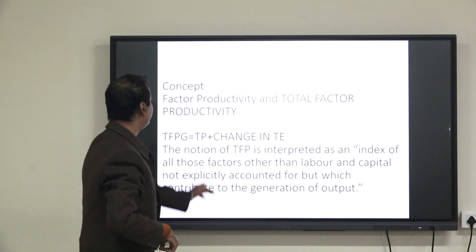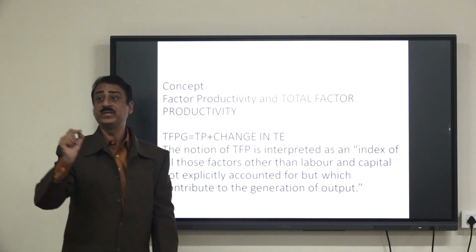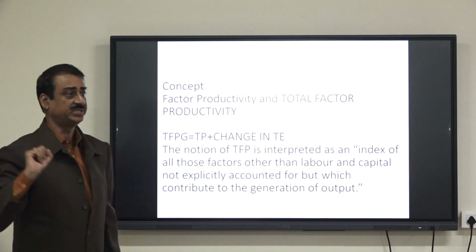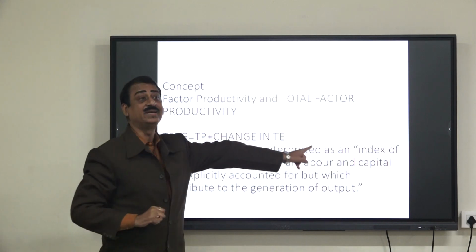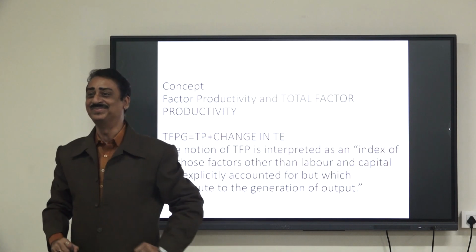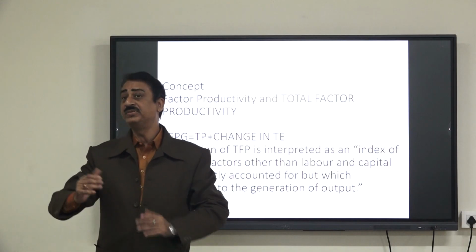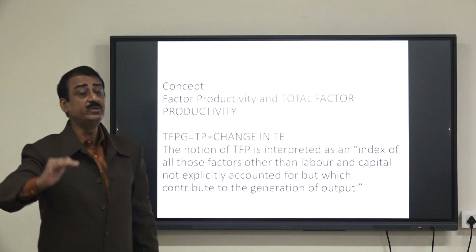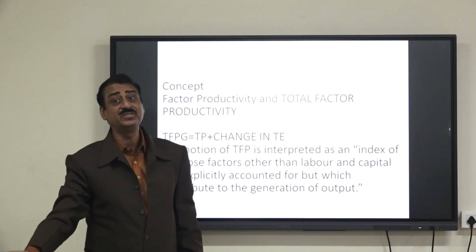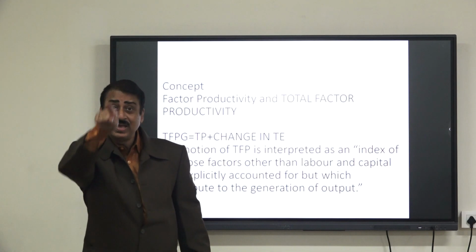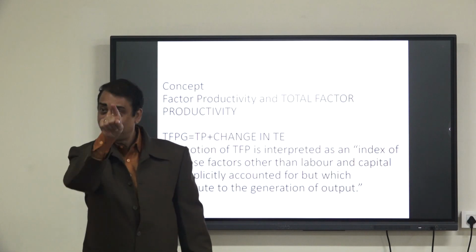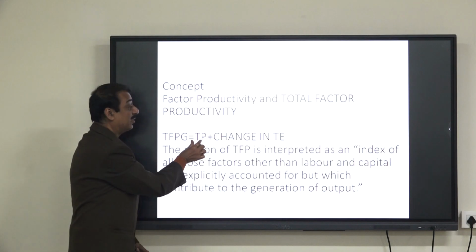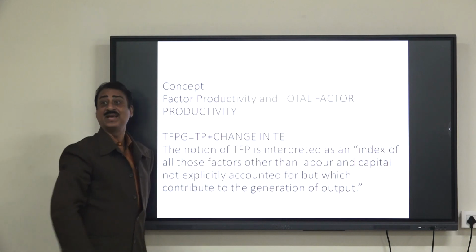So this technological progress can be positive, let us say 5%. But change in technical efficiency can be negative. With the old technology, I was 80% efficient. With new technology, maybe I am 70% efficient. So efficiency has come down from 80% to 70%. So this quantity can be positive, but this quantity can be negative.